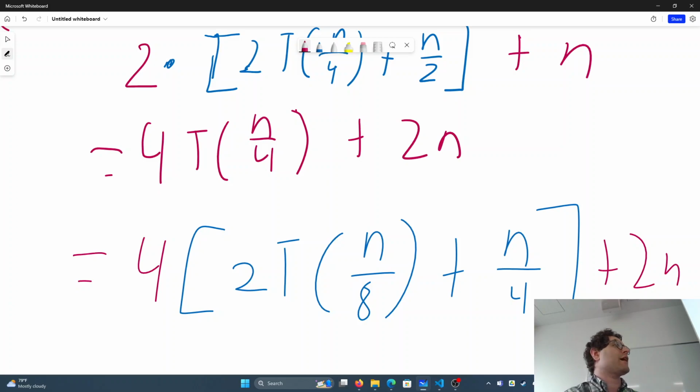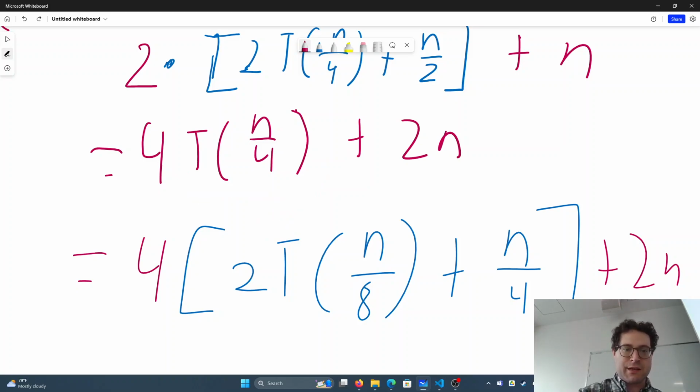So what I've done is I've taken this and turned it into that. Made sense? Right. A quarter can be split into two eighths, and it takes a quarter of that time to merge them.